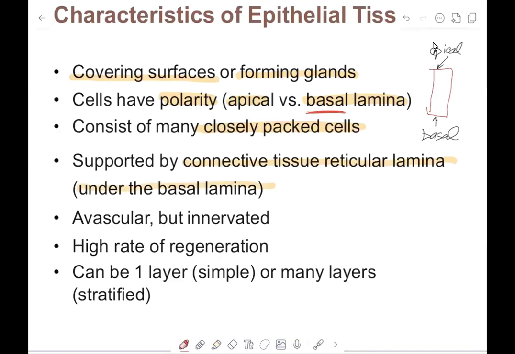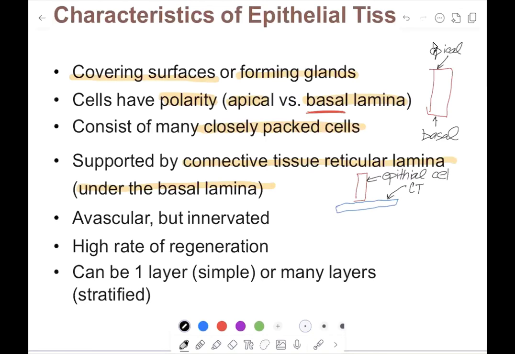So if we have our example of a simple columnar cell, there's going to be connective tissue under that. This blue structure would be connective tissue, and this would be the epithelial cell.